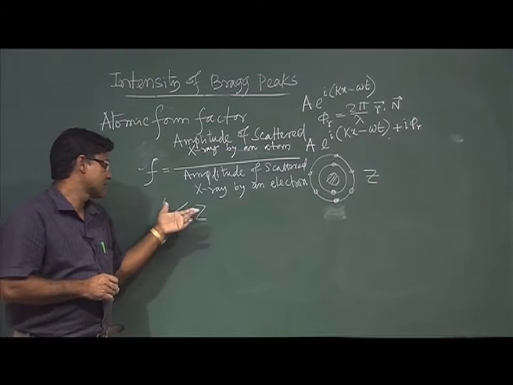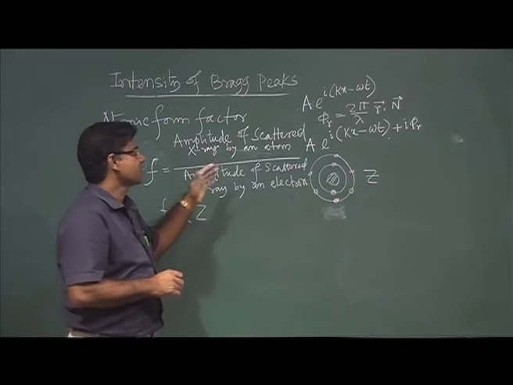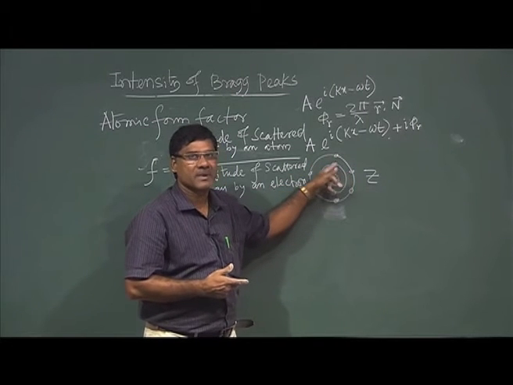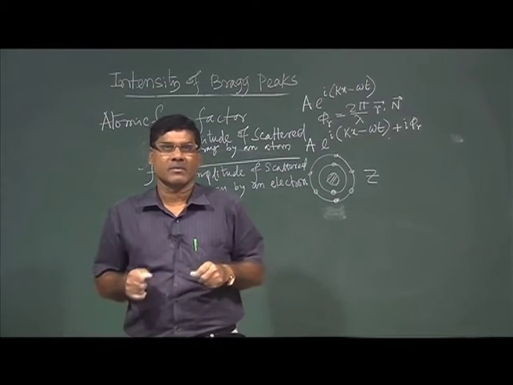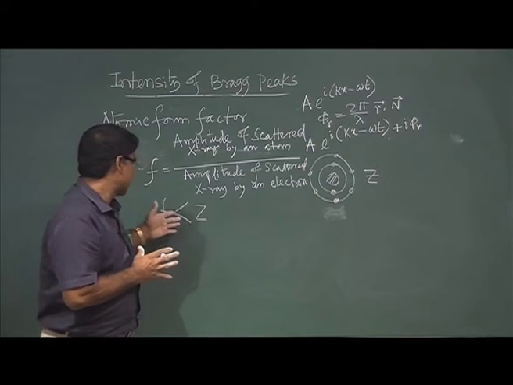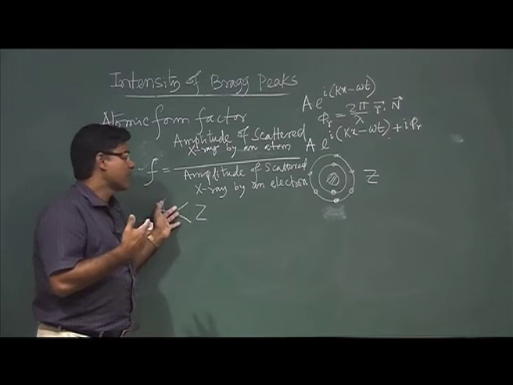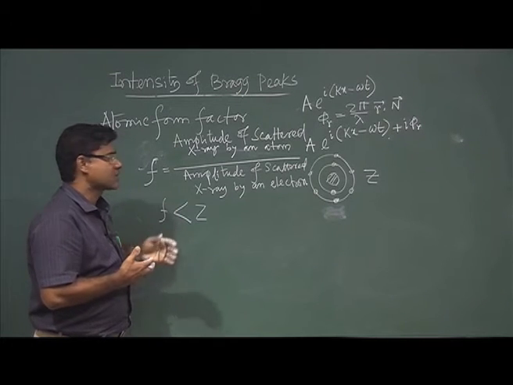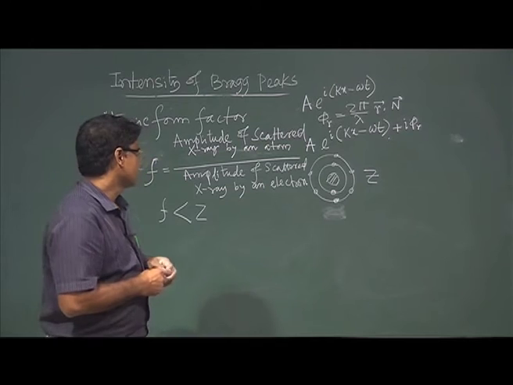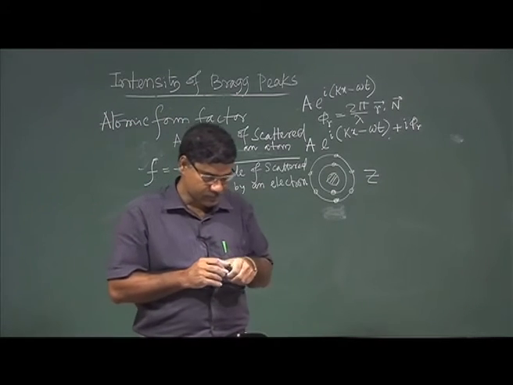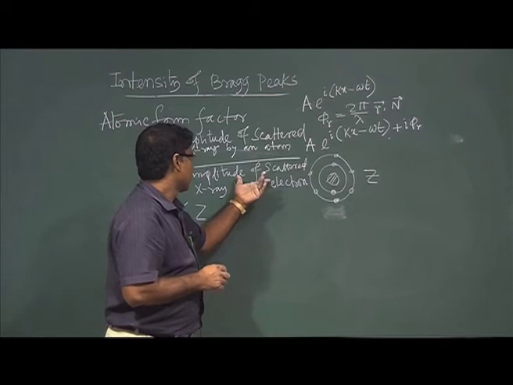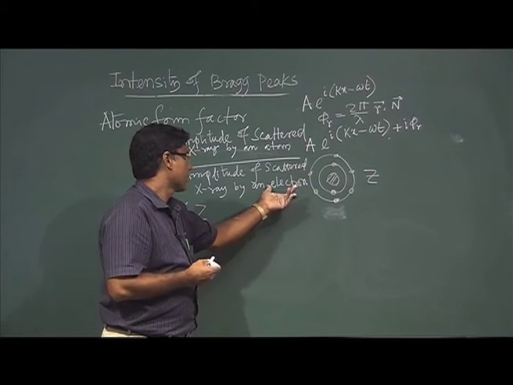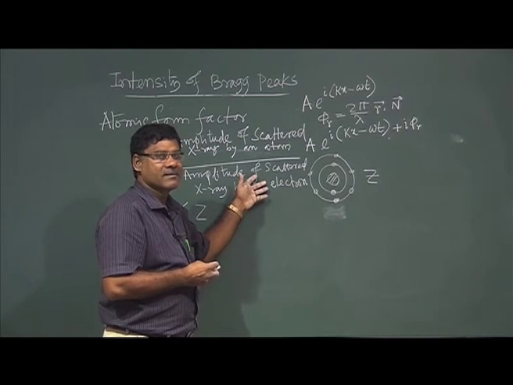And it is less than Z because of this interference effect, and that interference effect is coming because of the different positions of electrons in an atom. So that factor has to be multiplied with the amplitude of an electron, and from each electron it is just scattered, and thereafter there is no interference.